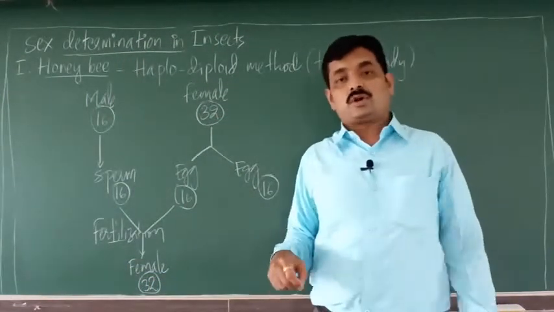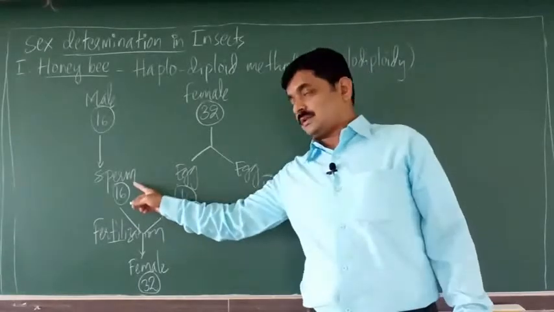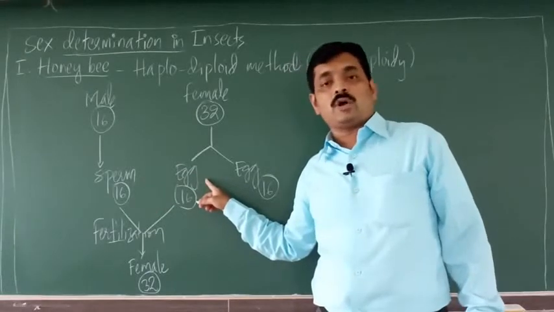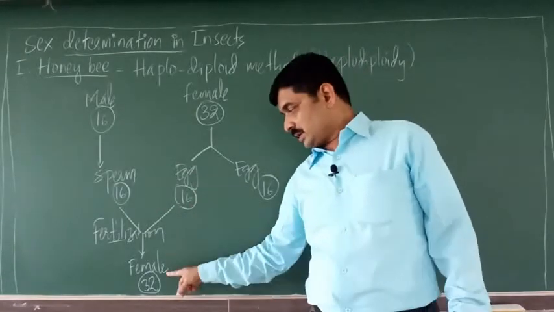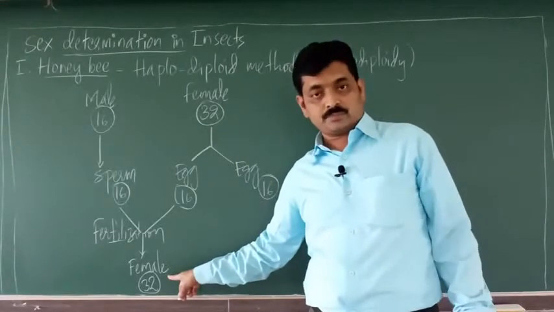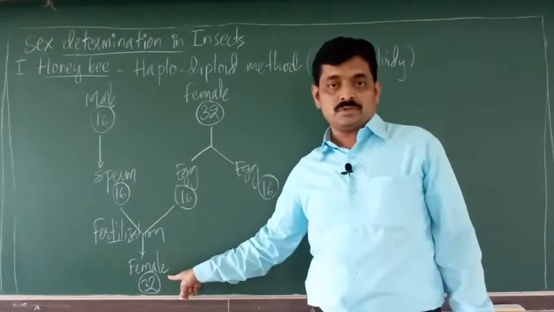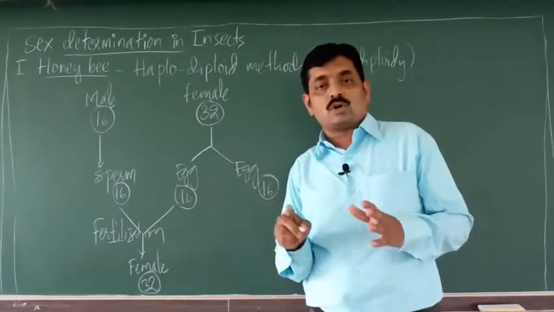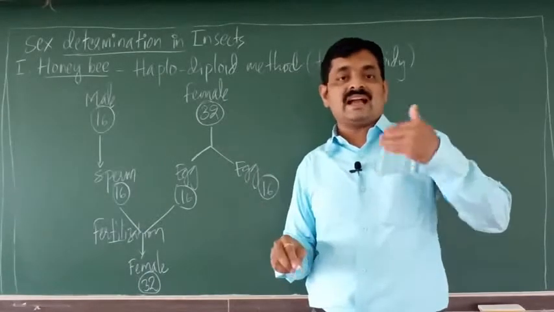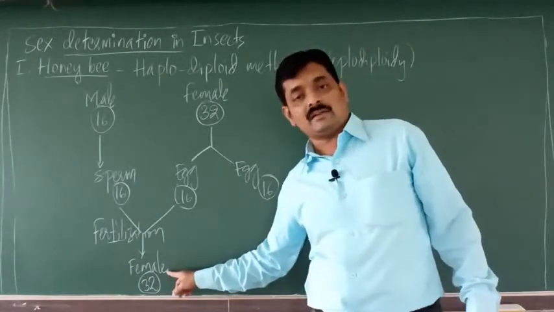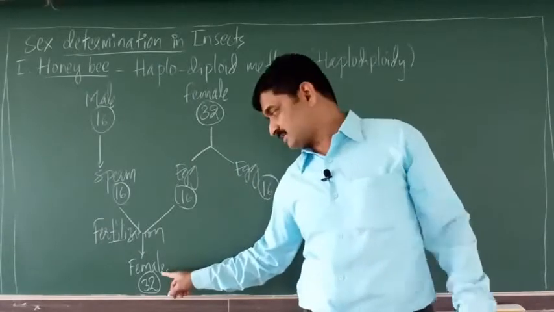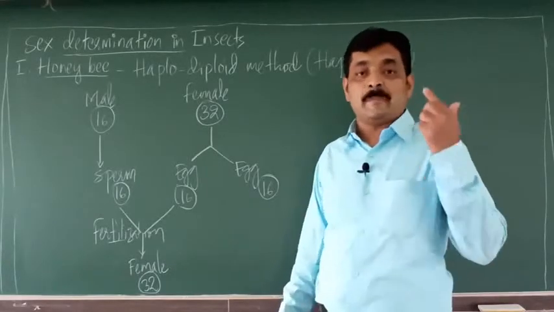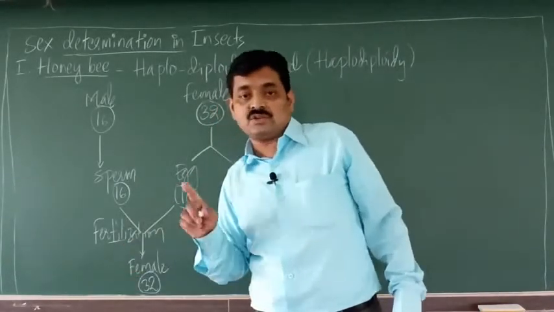When haploid sperm carrying 16 chromosomes fuses with haploid ovum carrying 16 chromosomes, the offspring produced will have 32 chromosomes. Sperm fuses with ovum, there is formation of zygote. Zygote will have 32 chromosomes and that zygote develops into a female. So this is how female offsprings are produced in honeybees, that is mainly due to fertilization.